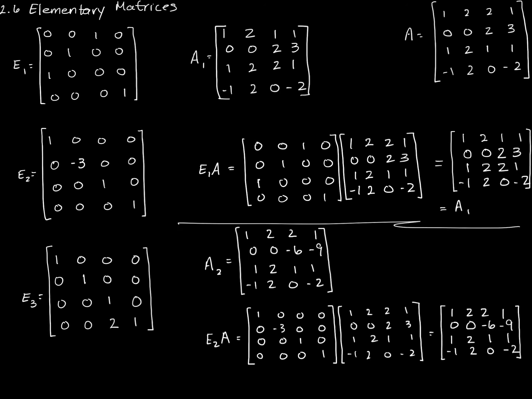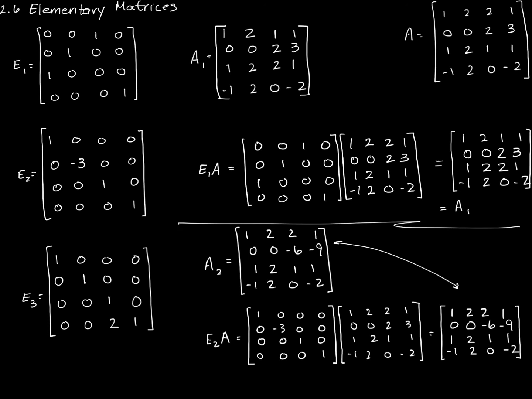But it shouldn't come as much of a surprise because that is my A2. That's exactly what I got when I performed the elementary row operation directly on the matrix A. I multiplied the second row of matrix A by negative 3, and I got this row right here, which is what I got when I did it using this left multiplication of an elementary matrix.